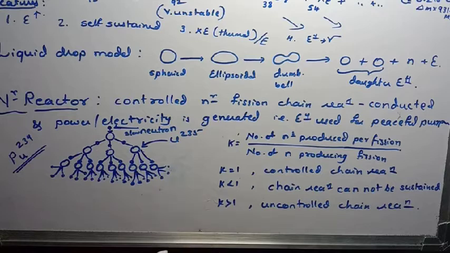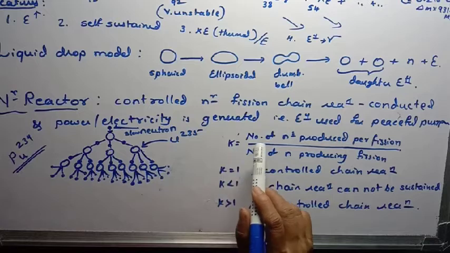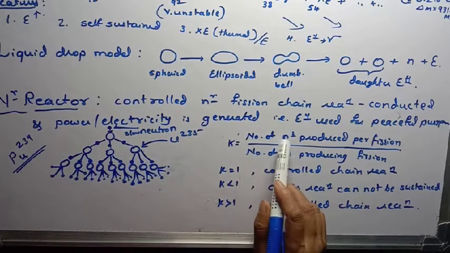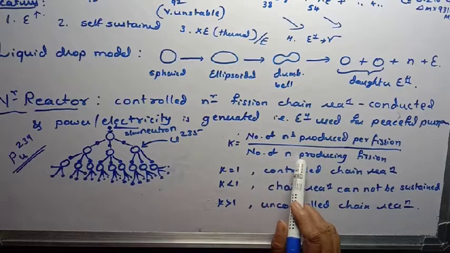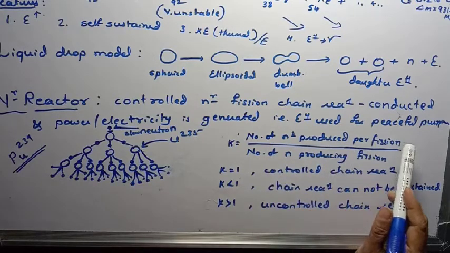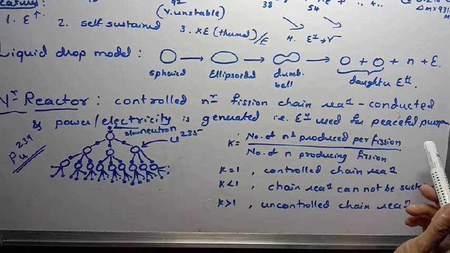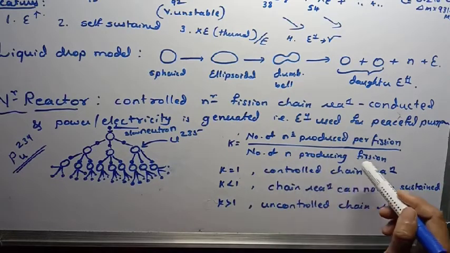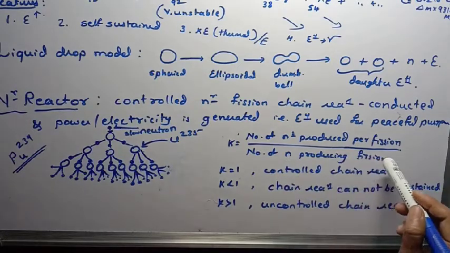Now here there is one factor, K. It is a critical factor which relates the number of neutrons produced per fission to the number of neutrons producing fission. The number of neutrons produced may be 3, 4 or 1, 2, and so on, and here the number producing fission; each neutron is going to react.